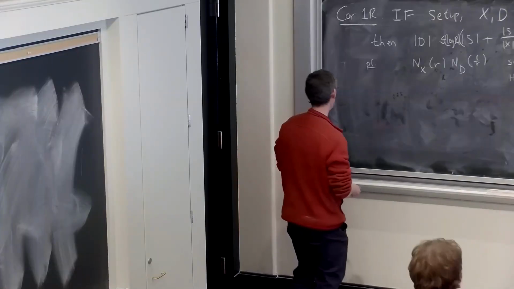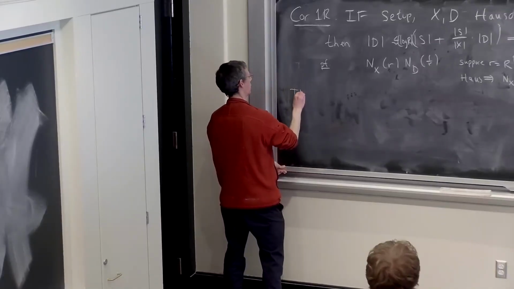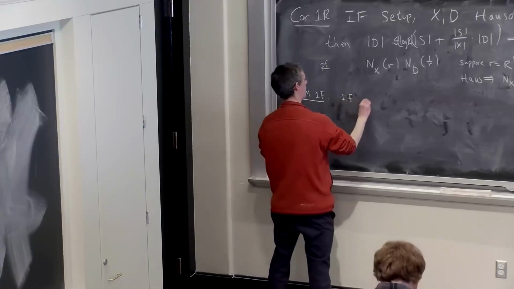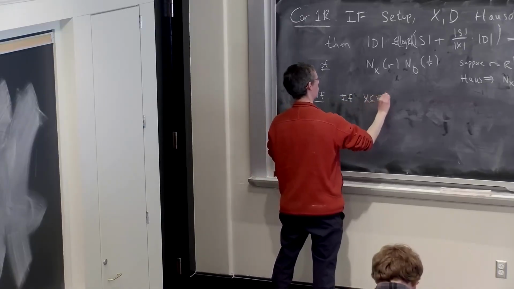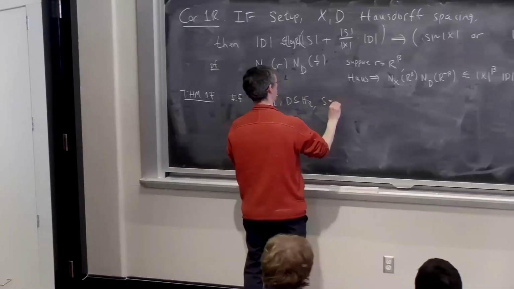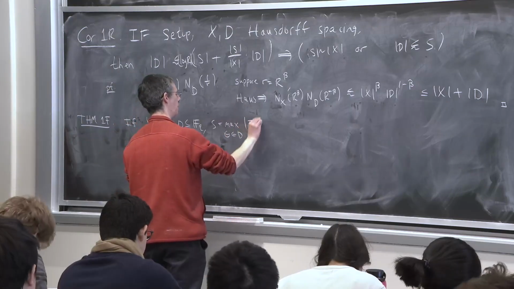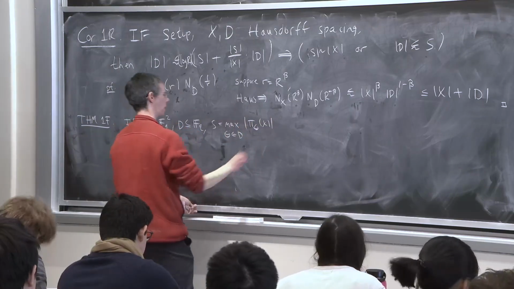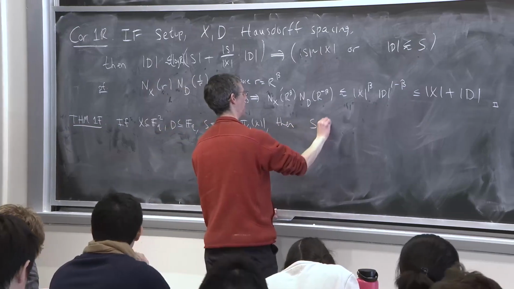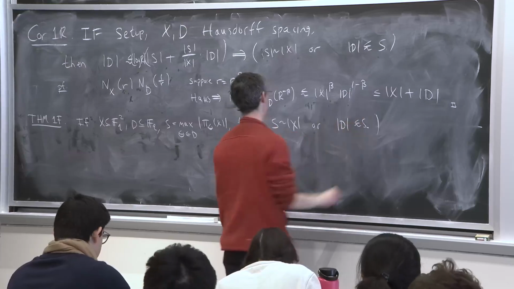Now let's compare this with the theorem we proved last time in finite fields. So theorem 1 in finite fields said that if we had x in Fq2 and d in Fq, and s is the maximum theta and d size of pi theta of x, then either s is around x or d is bounded by s.